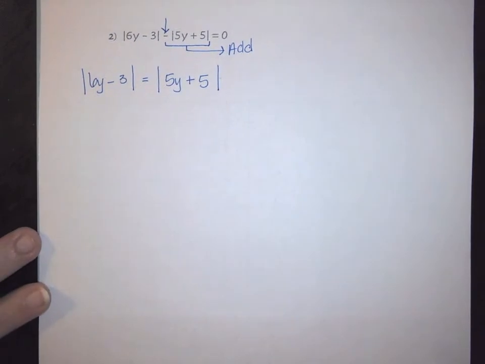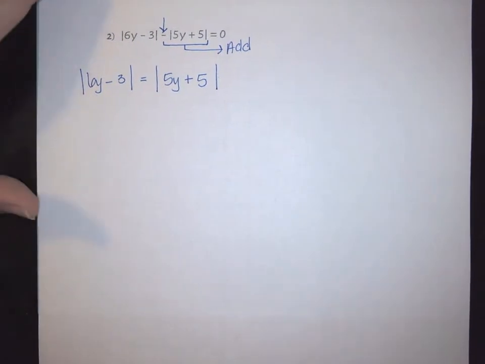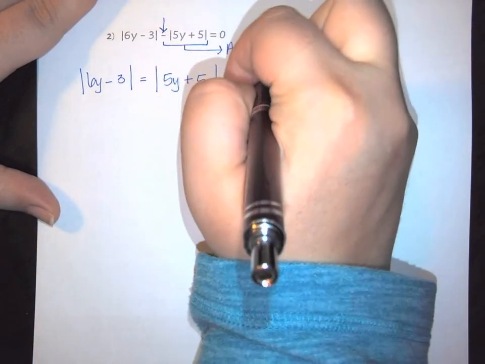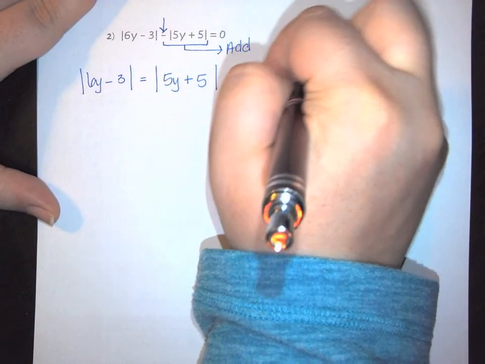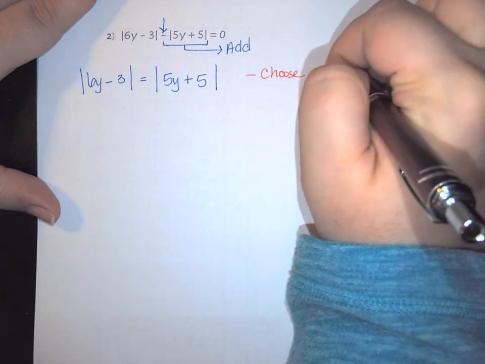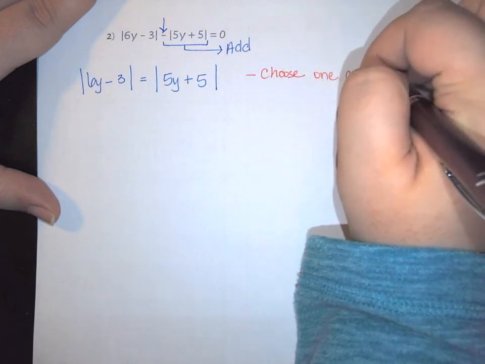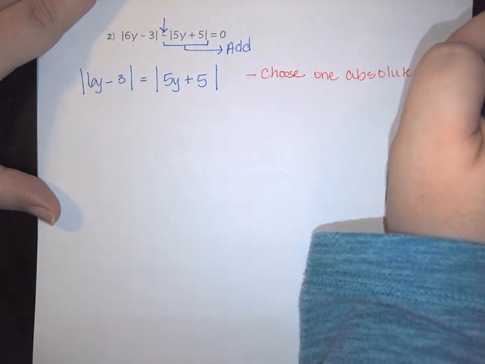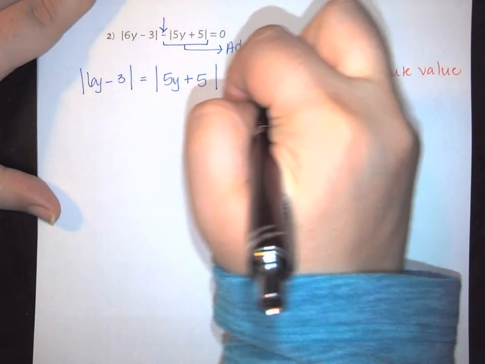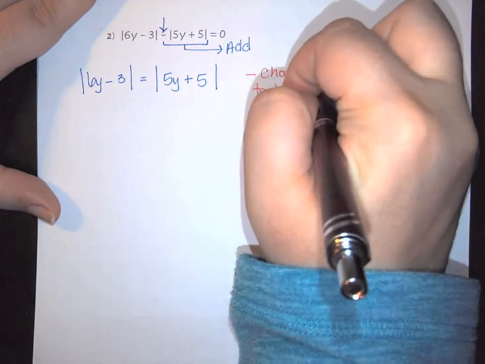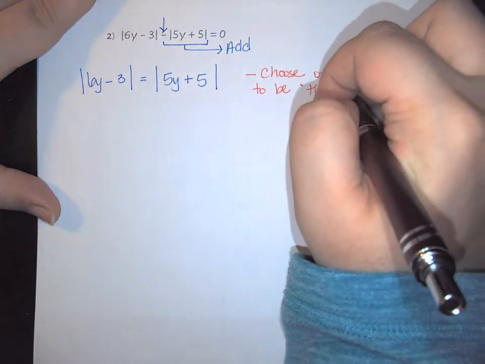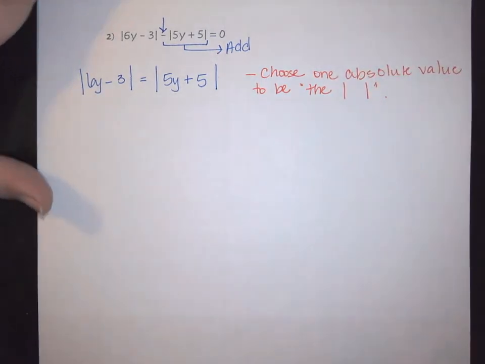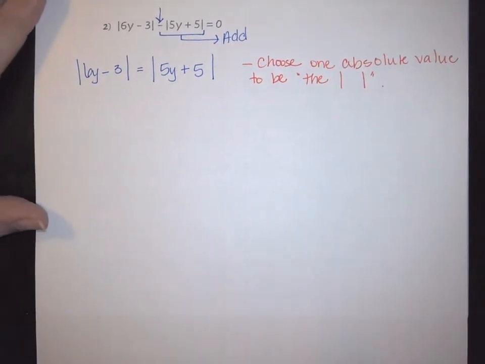Now, once we do that, we have to do something a little bit different. Here we have to choose one absolute value to be the absolute value, and then the other one kind of becomes the solution.